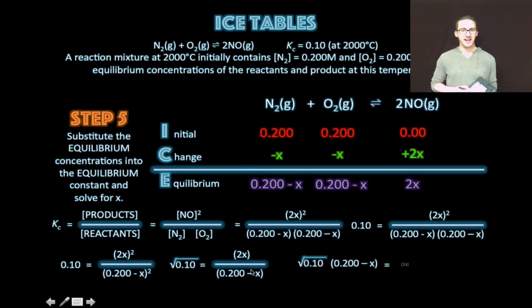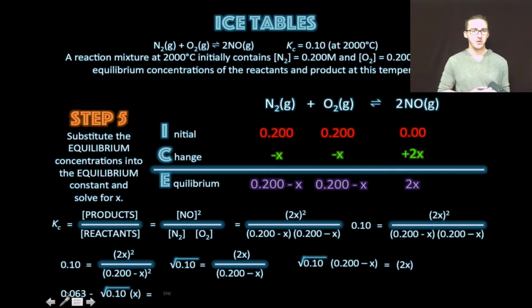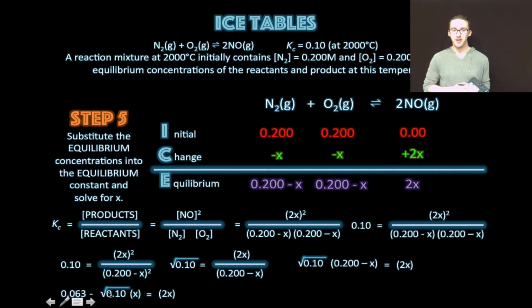I'm going to multiply each side by 0.200 minus x. Boom. I'm then going to distribute this square root of 0.1 throughout this quantity in parentheses. We end up with 0.063 minus the square root of 0.10 x equals 2x. I'm going to combine like terms by adding the square root of 0.10 x to each side.